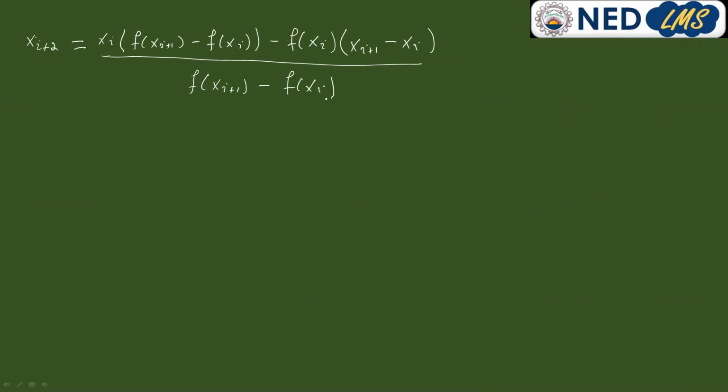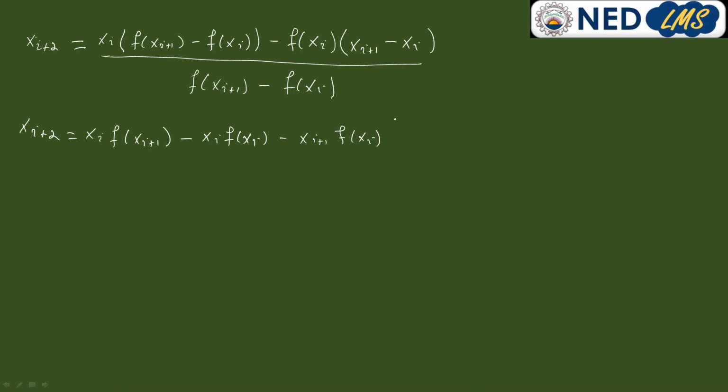If I multiply this term, it is just a simplification, although you can do it directly as well. So this x_i into this term, I will get x_i f of x_{i+1} minus x_i f of x_i, this term x_{i+1} f of x_i.